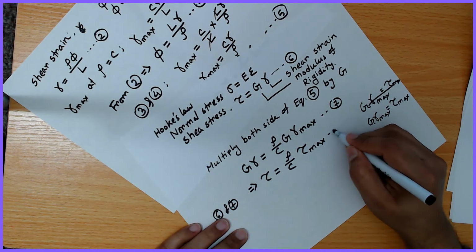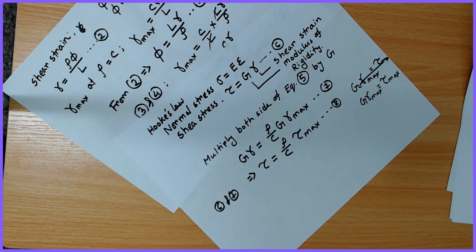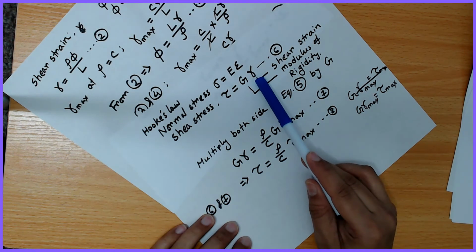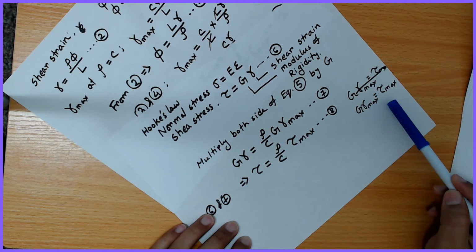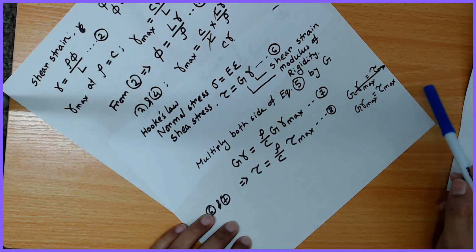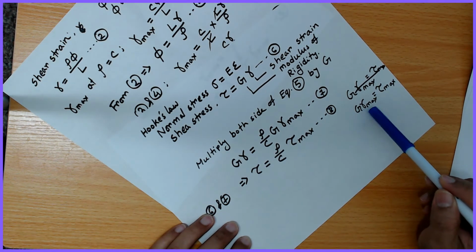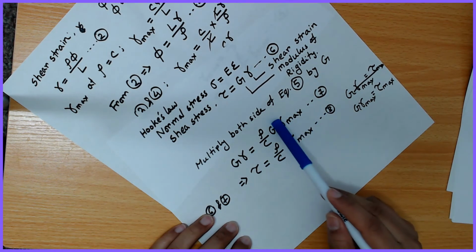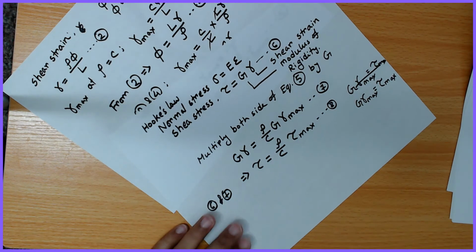So this is my equation number 8. Your maximum stress occurs when your strain is maximum. I'm saying again, your maximum stress occurs when your strain is maximum. So we can replace G gamma maximum with tau maximum.